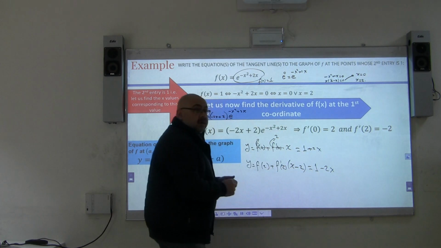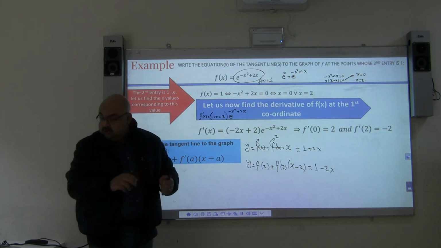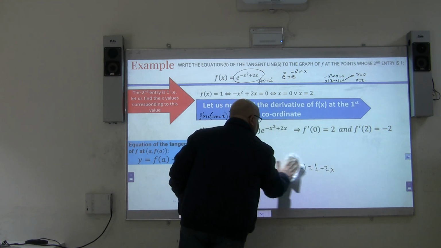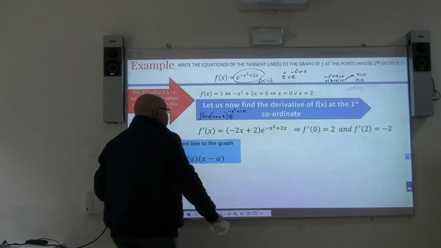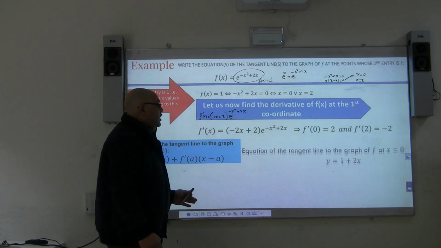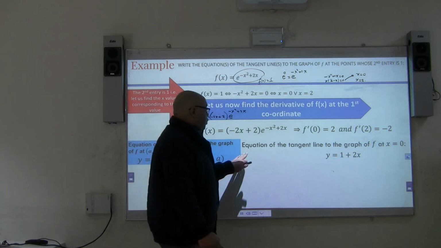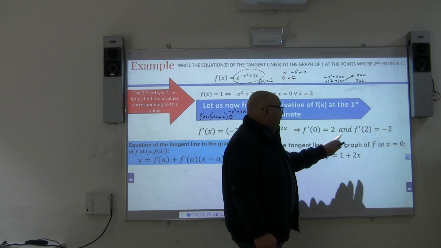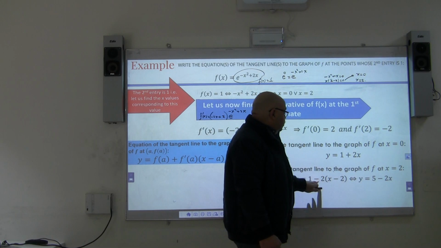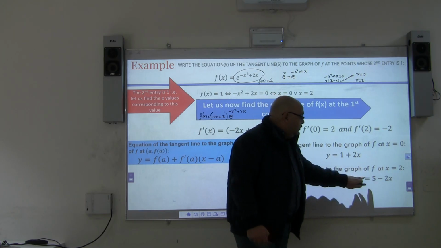So those are the two straight lines tangent to your curve when y is equal to 1. Of course, if there is a multiple choice, then you will check your results with the multiple choice that you have. So once more, the equation of the tangent at x equal to 0 is going to be 1 plus 2x, and at x equal to 2 it's going to be y equal to 5 minus 2x.